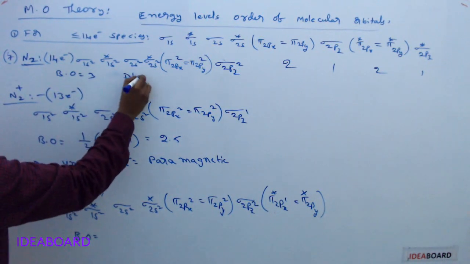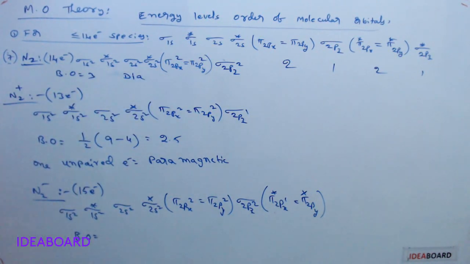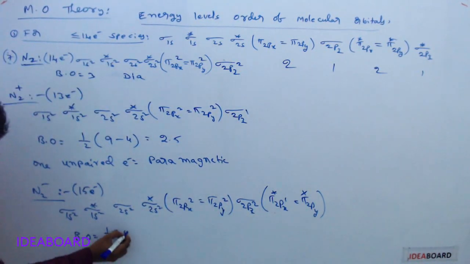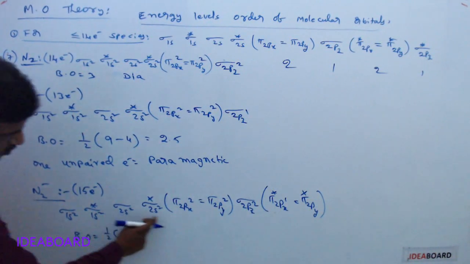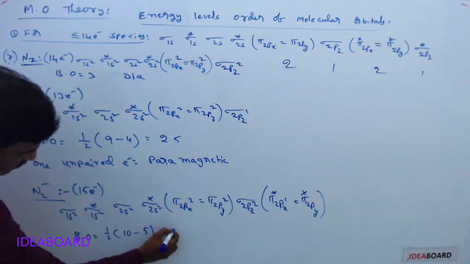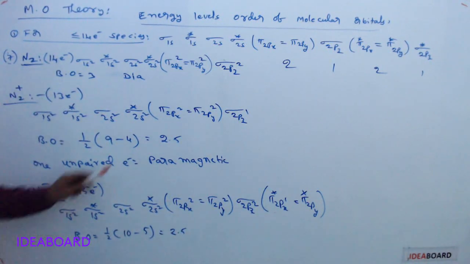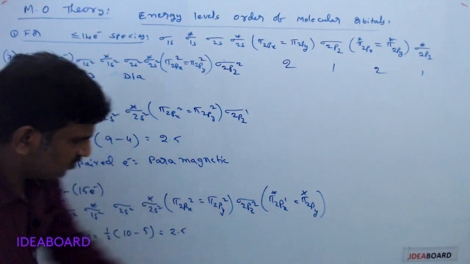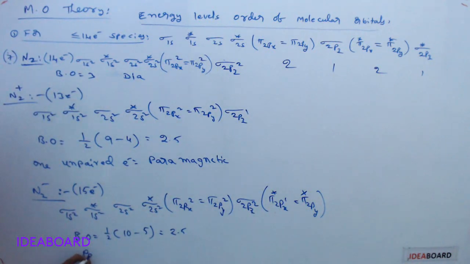Now for this N2 minus, the bond order is half into 10 minus 5, so again we will get 2.5, same as this. Please check. About the magnetic nature, here also it has one unpaired electron, so this is also paramagnetic.